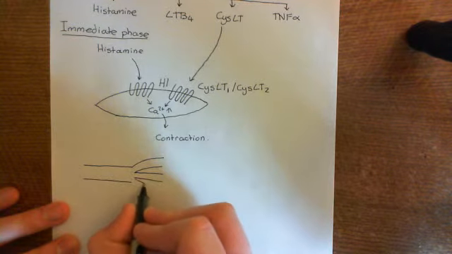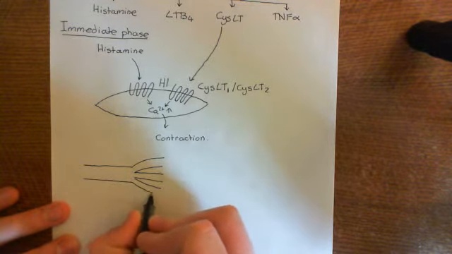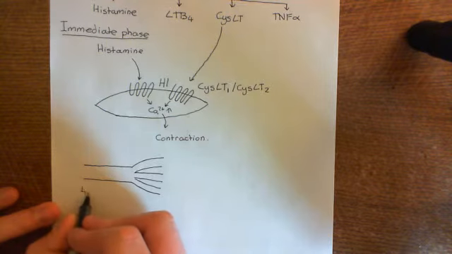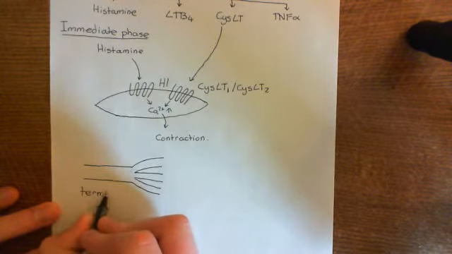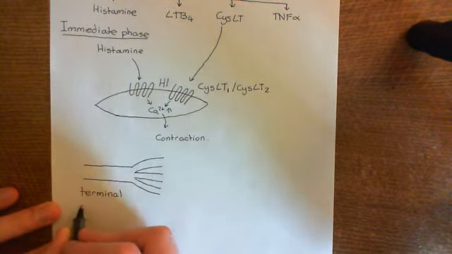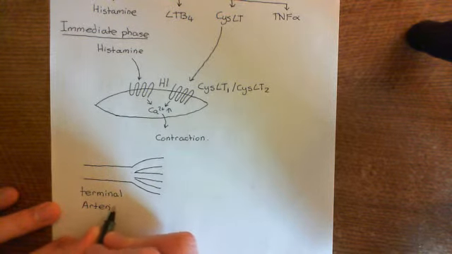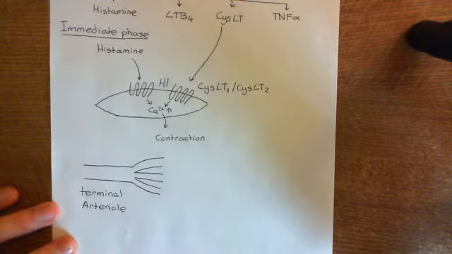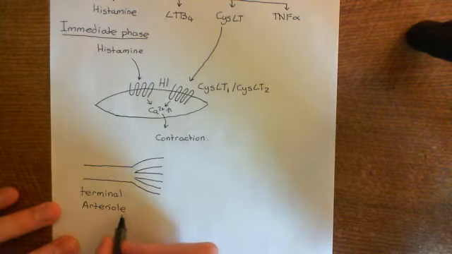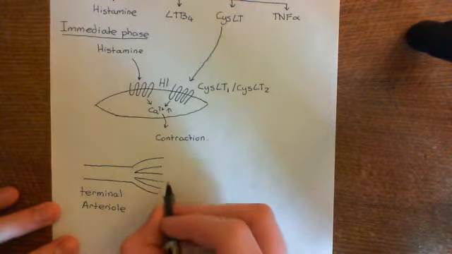So here you can see the terminal arteriole branching into capillaries. So this is the terminal arteriole here, okay? And the importance of the terminal arterioles is that they have a layer of smooth muscle cells which surround them, okay? So this is a terminal arteriole.